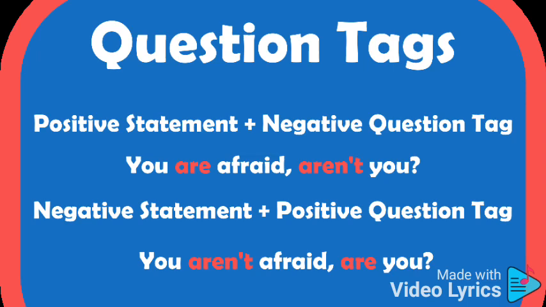In question tags, we use an auxiliary verb, and the common ones are have, was, were, and so on. We normally use do, does, did for the present and past simple as categories of tense.